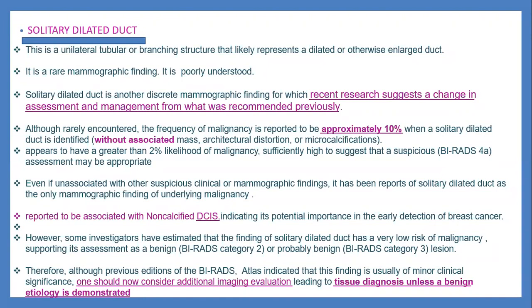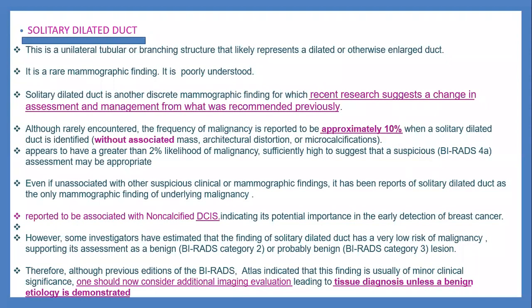However, some investigators estimated that the finding of a solitary duct has very low risk of malignancy, supporting its assessment as benign BI-RADS 2 or probably benign BI-RADS 3 lesions.